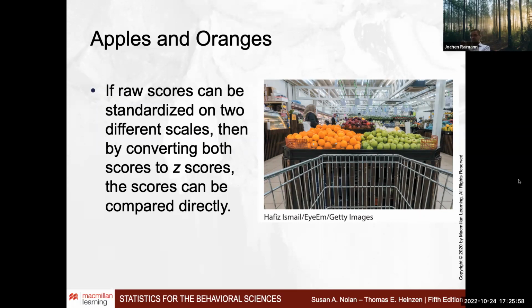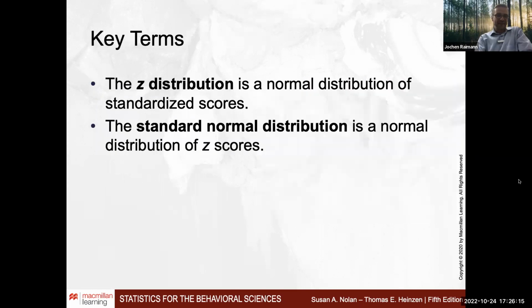But you can if you standardize your distribution curve based on the characteristics of your individual distribution curve. Then you can compare apples with oranges. So I kind of like this analogy.